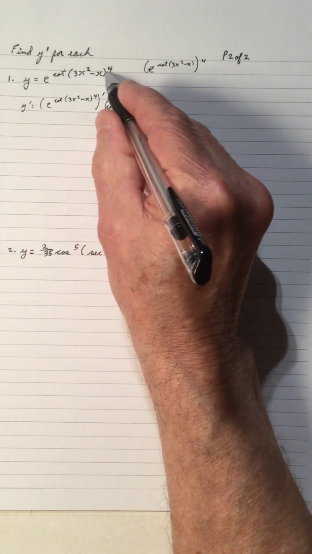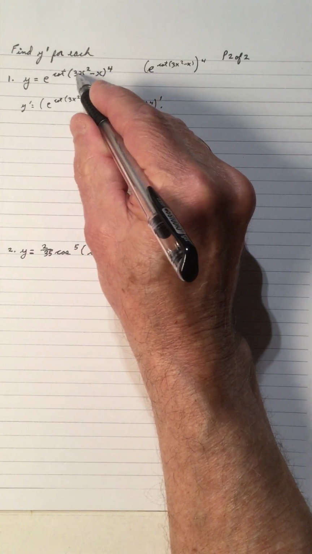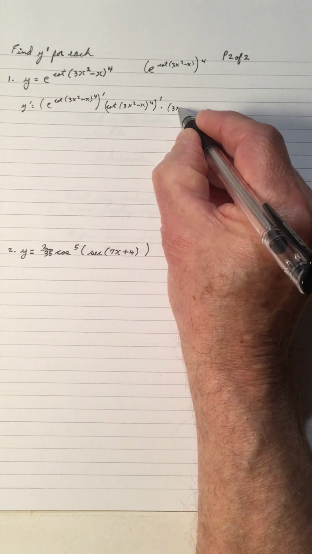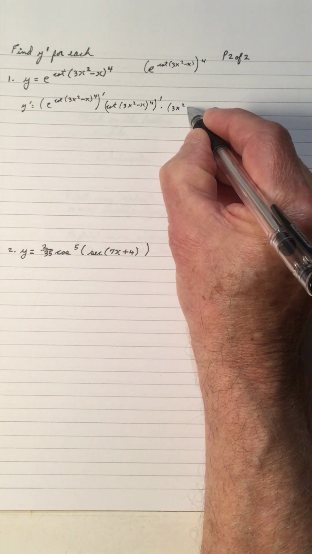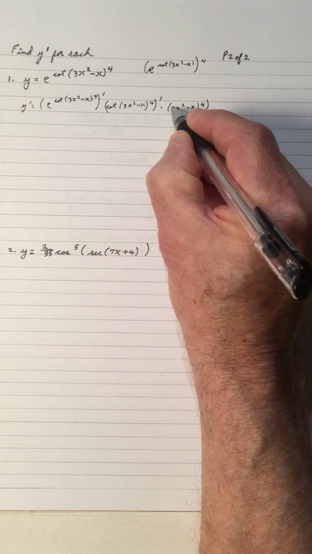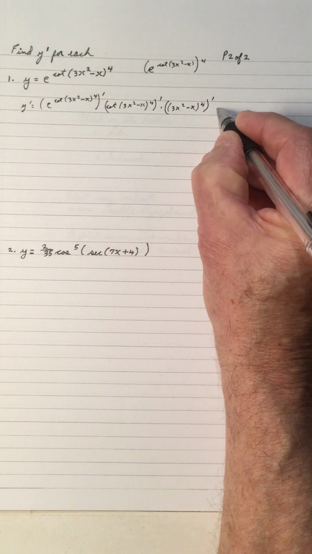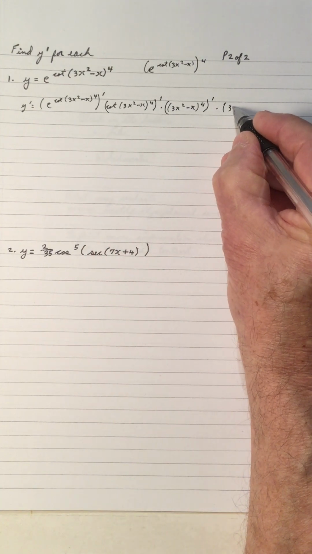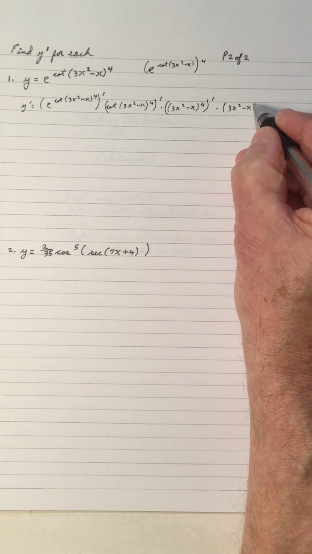Now we do the derivative of the next function, which is this one, because it's the power. So it's 3x squared minus x to the fourth power. We have to do the derivative of that, and we keep working on the inside. So what's left is the derivative of 3x squared minus x.